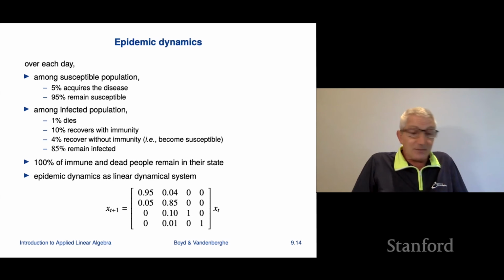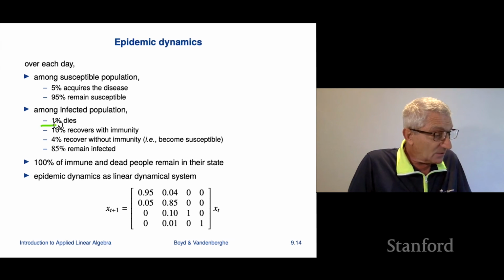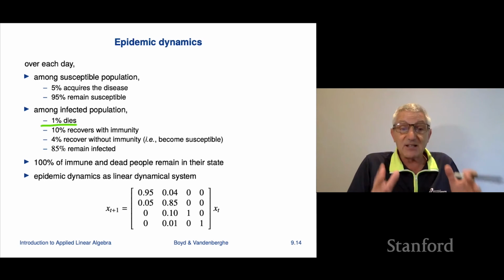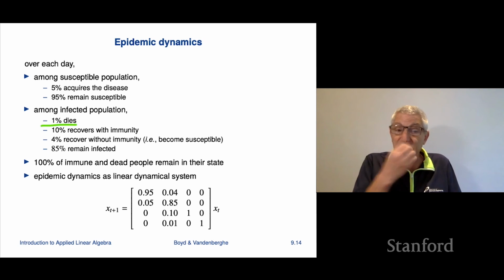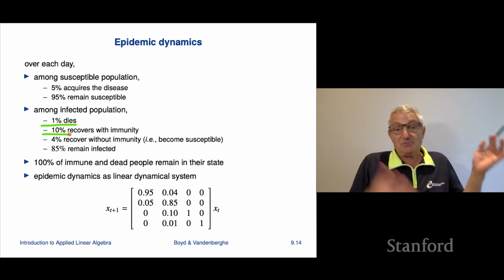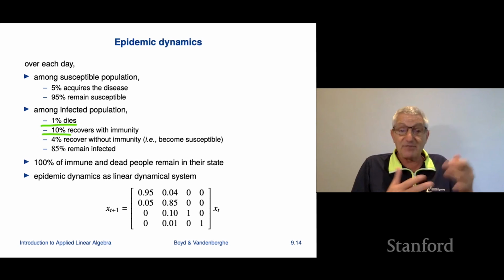Now, among the infected population, here's what happens on each day. Very sadly, 1% of them die. So among all the people who are infected on a given day, about 1% of them die. Now, 10% recover. That means on the next day you're recovered and you have immunity.